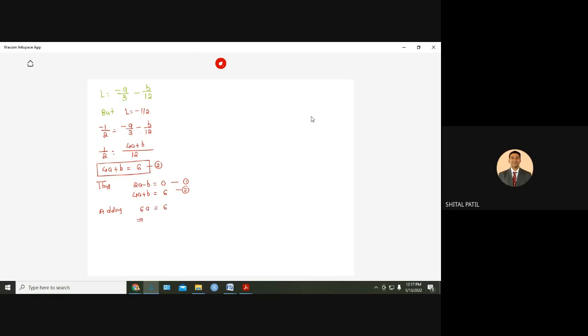That is a equal to 1. And b is 2, since b equal to 2a, that we know from equation number 1. So this is the answer: a equal to 1, b equal to 2. Then we will get the required limit.